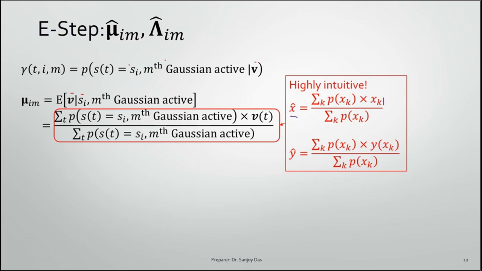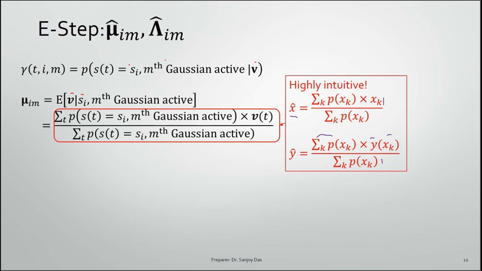Now let's say we have another variable y which is dependent on xk. And so the expected value or the average value of y is given by this expression here, summation over k of p of xk times y of xk, divided by summation over k of p of xk. I suppose this is clear.